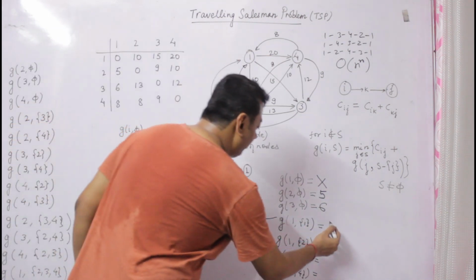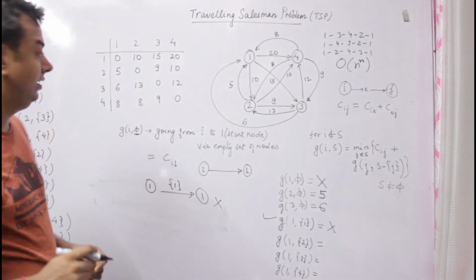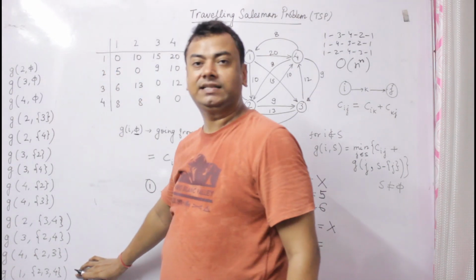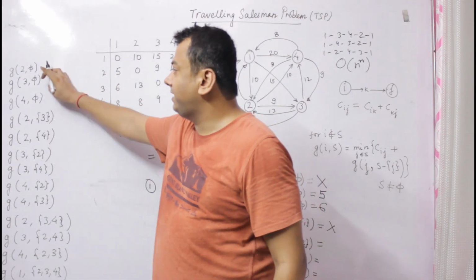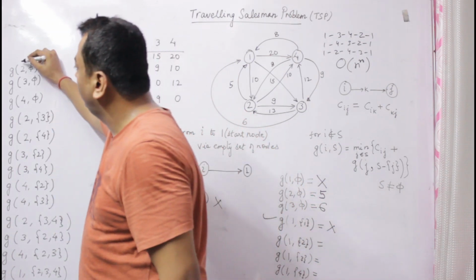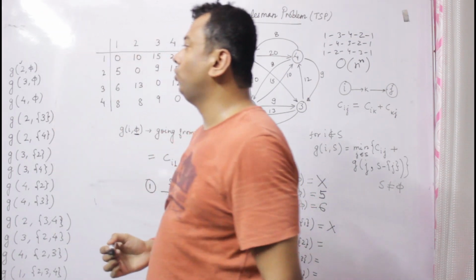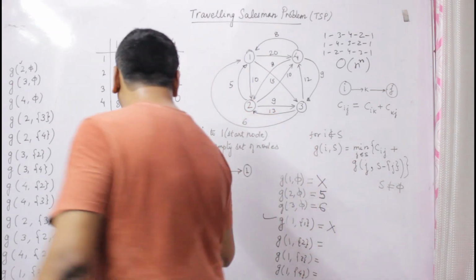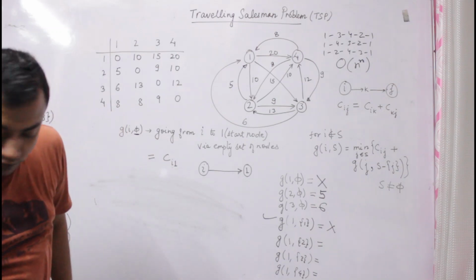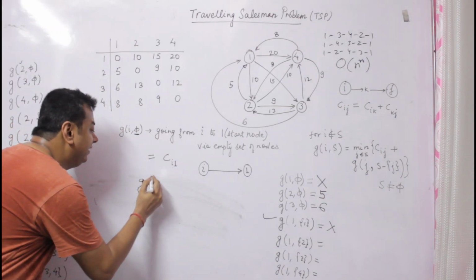So let me tell you, I have listed down the entire set which needs to be covered. So suppose you are at 2. So what is the goal? We need to find G of 1 with this set of nodes.